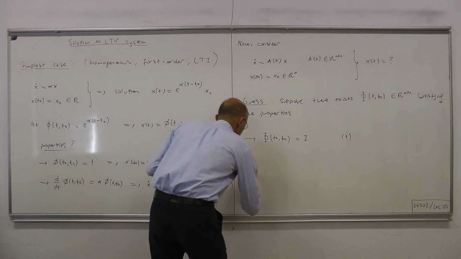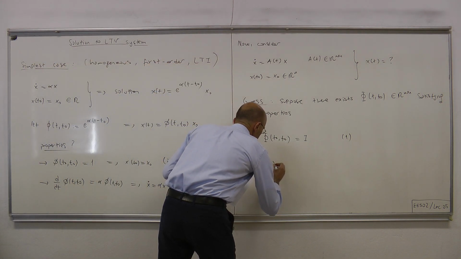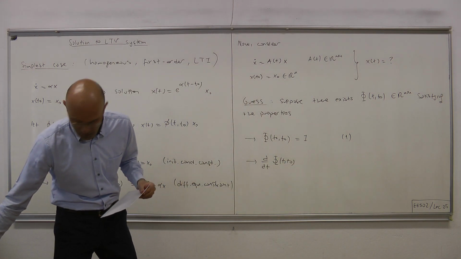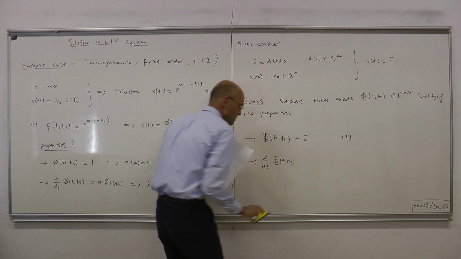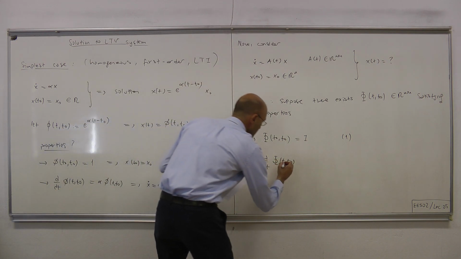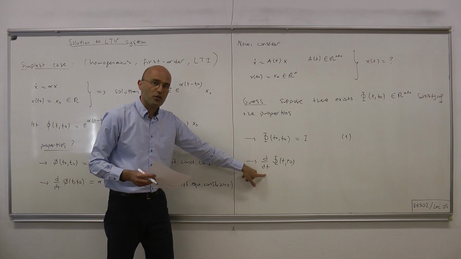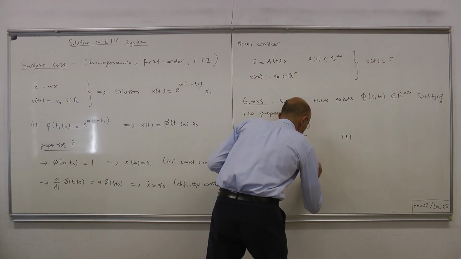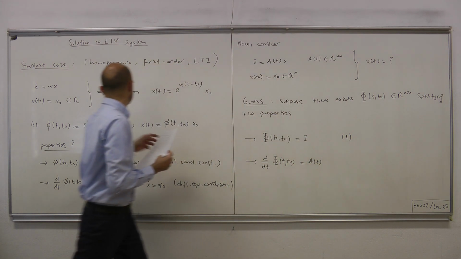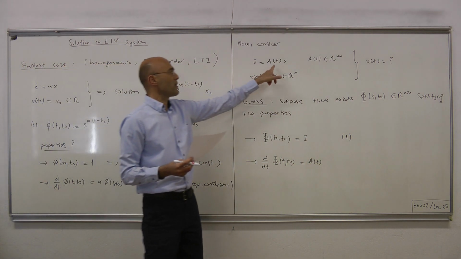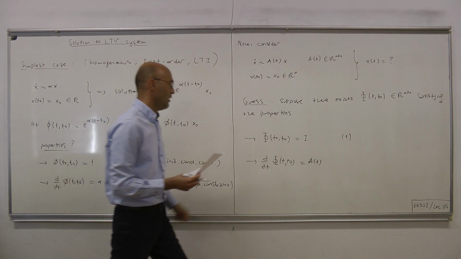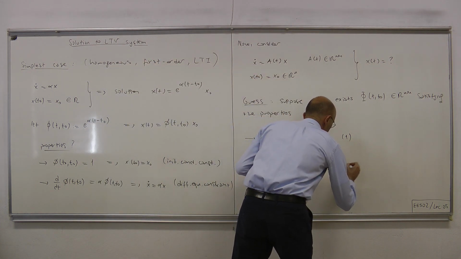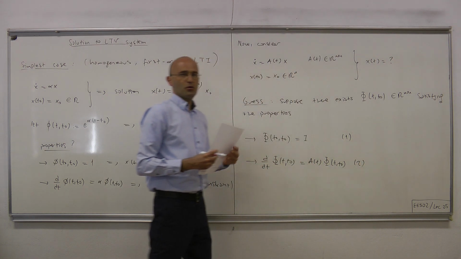In other words, d over dt of phi(t, t0), so we are differentiating with respect to the first argument, equals alpha here, and now instead of alpha we have the general A(t) times phi itself. Let's call this property 2.